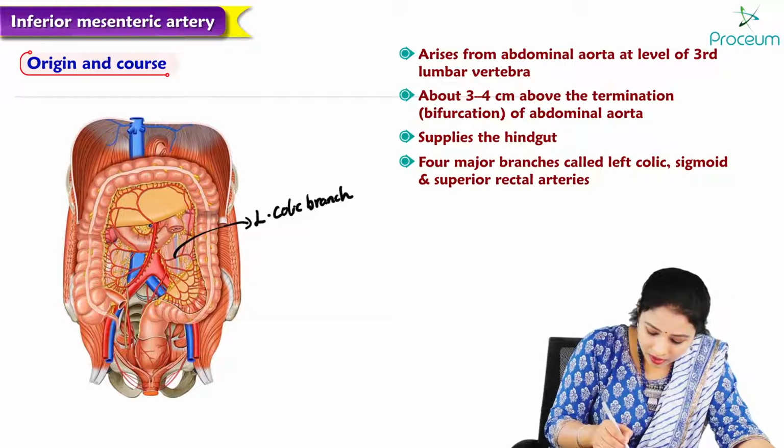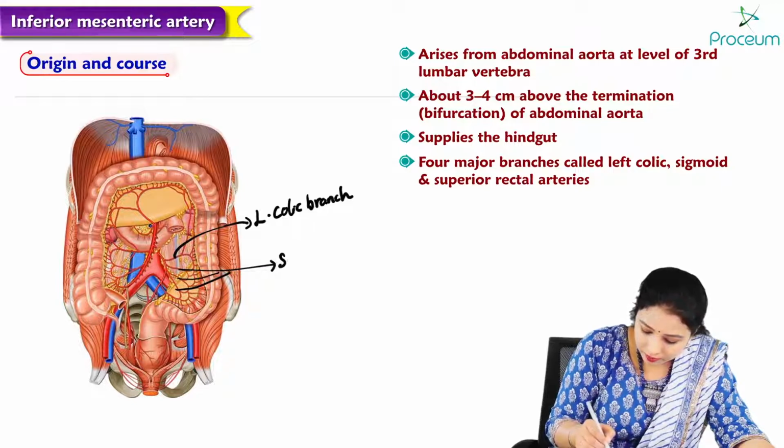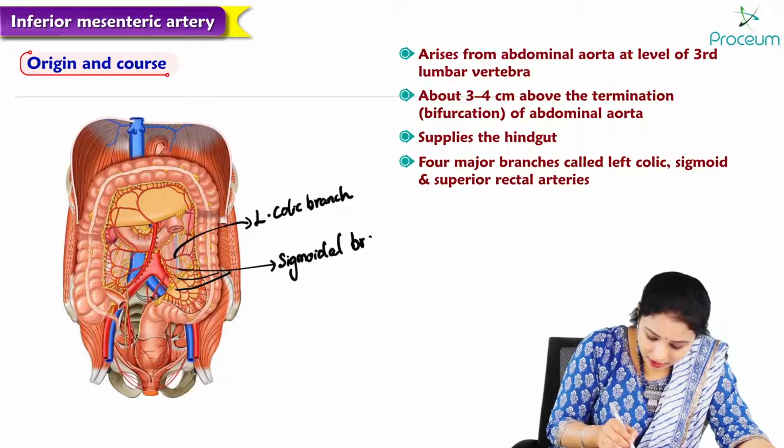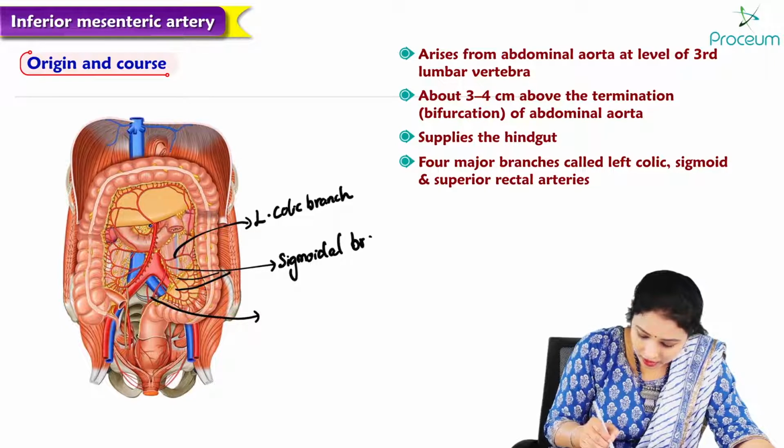Then it further gives rise to sigmoidal branches. Usually sigmoidal branches are 2 to 3 in number, and finally, terminally, it continues as the superior rectal artery.